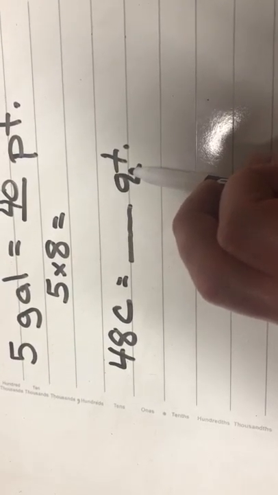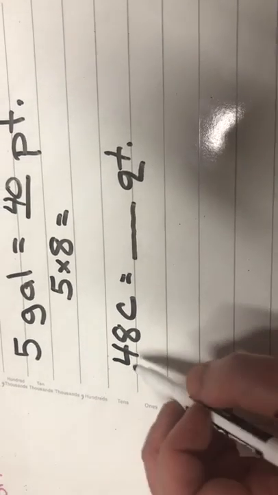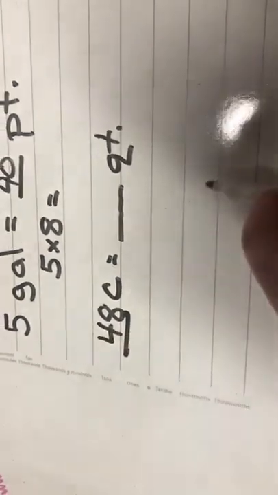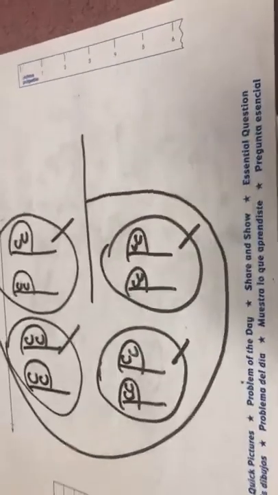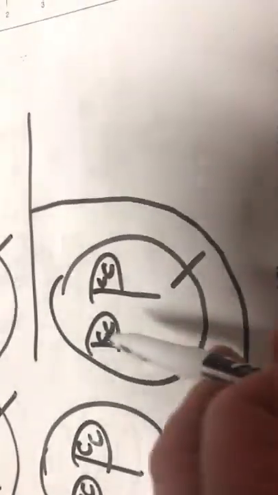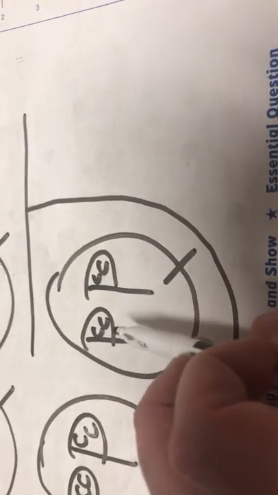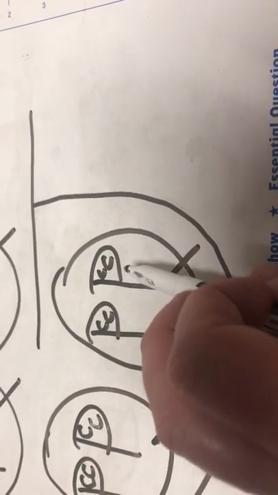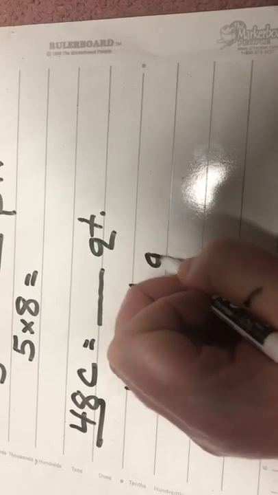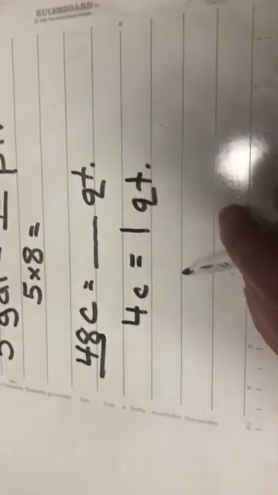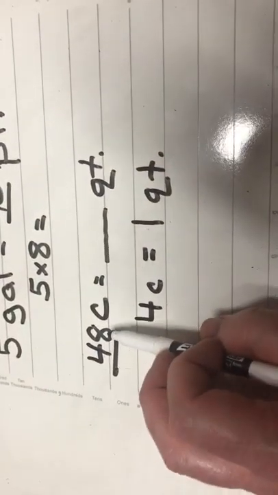What's my division question going to be? Well, let's see. I know it's going to involve 48 because that's the number that's there. But let's see how many cups are in a quart. Well, when I look at one of my quarts, I can see that inside this quart there are 1, 2, 3, 4 cups. So I know that 4 cups equals 1 quart. But I have 48 cups.